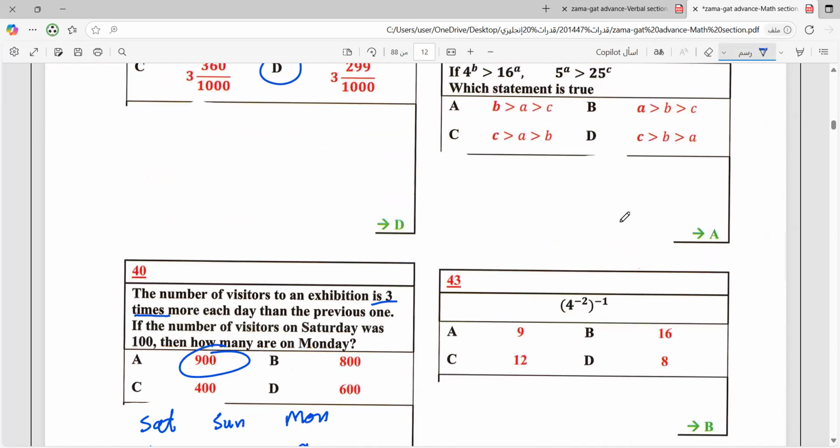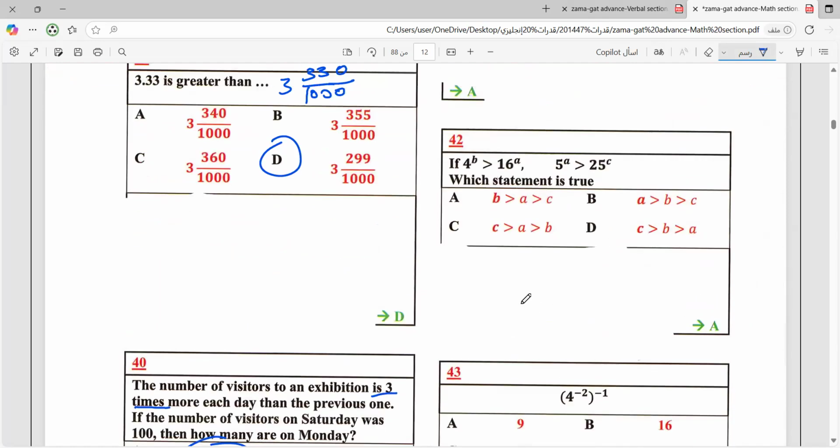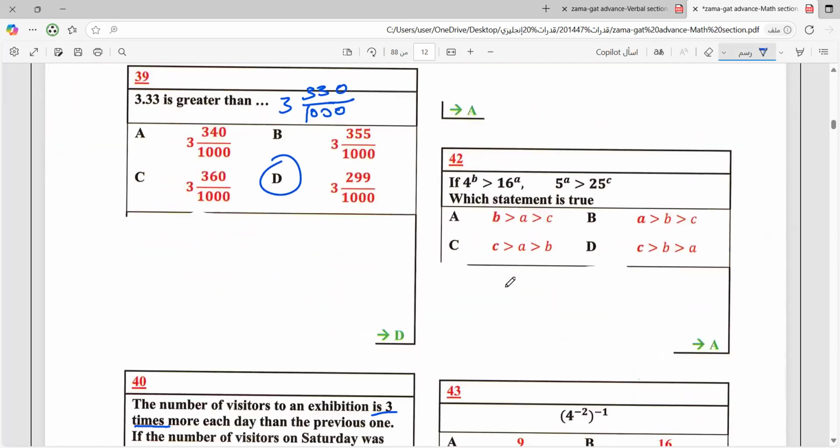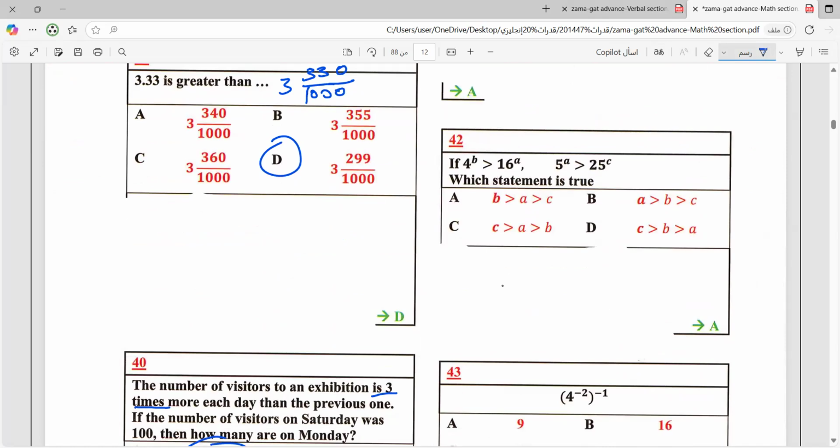Good. Okay, 42. If 4 to the power b is greater than 16 to the power a, and 5 to the power a is greater than 25 to the power c, which statement is true? First, we find b.